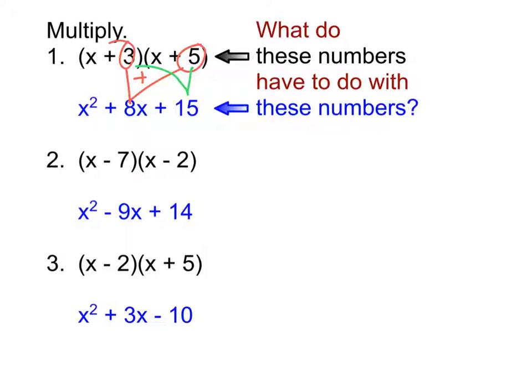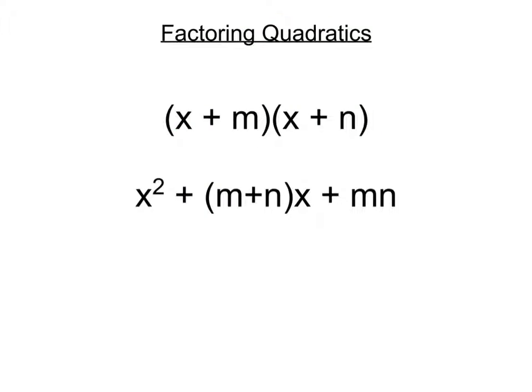Or if I do negative 7 times negative 2, a negative times a negative is a positive, that's why it's positive 14. That pattern works 100% of the time with these. And so we can actually make it a general rule. Those of you who like nice general rules that you can follow, write this down in your notes, and we're going to see how we can use this to do something that we couldn't do otherwise.